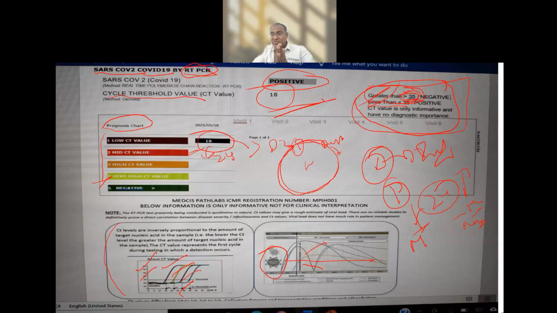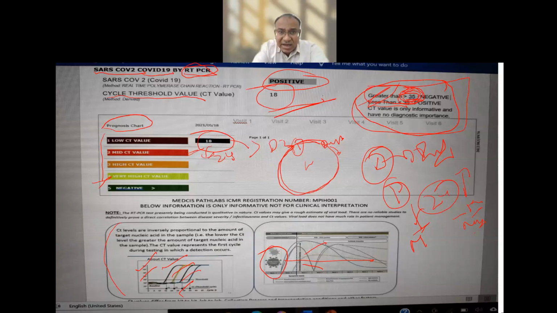Most of the time, with diagnostic values, we use the terminology greater or lesser, keeping 35 as a constant.